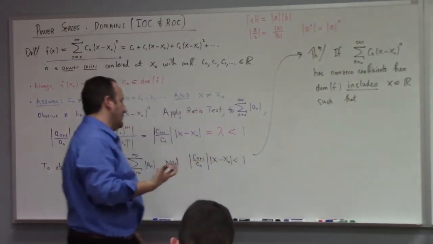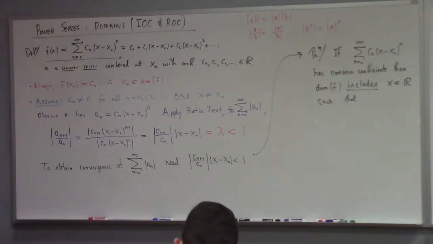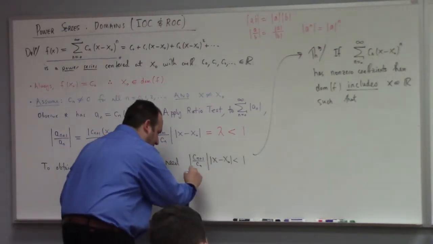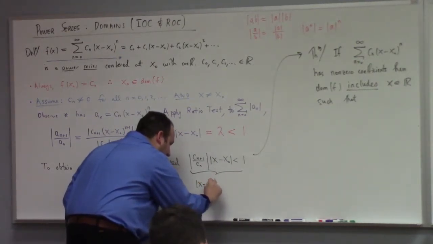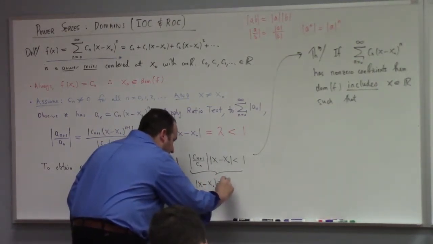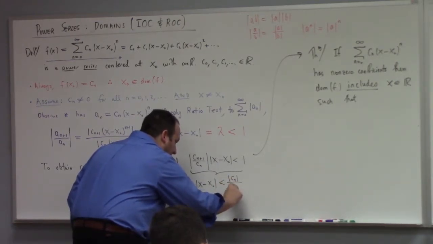So for the theorem, I want to make a nice takeaway inequality from this. Do you see what we could do here? Let's rewrite it as the absolute value of x minus x naught is less than the absolute value of Cn over Cn plus 1.